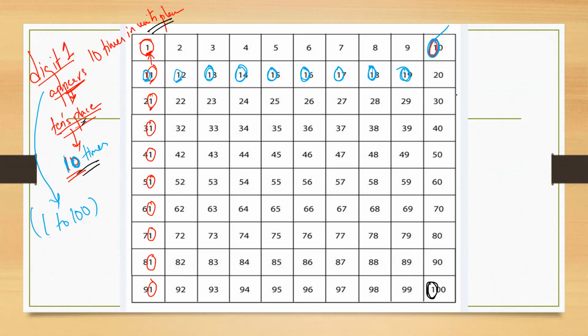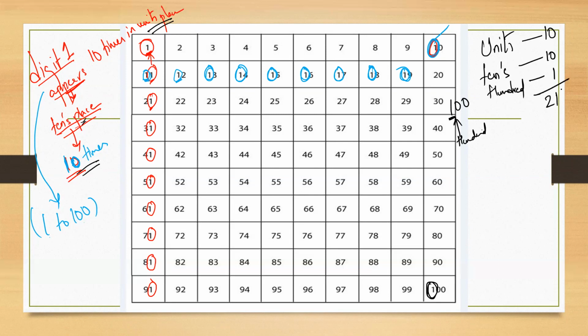We have calculated the digit 1 in the units place and in the tens place. When we go for 100, this is the digit which appears in the hundreds place. So this one we have missed. We already know this is 10, this is 10, and this is supposed to be 1. Are you getting this, everyone? So here the total is, it appears 21 times.